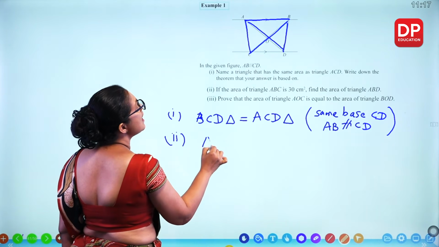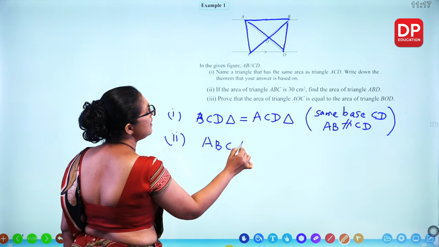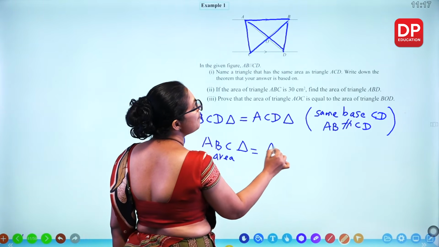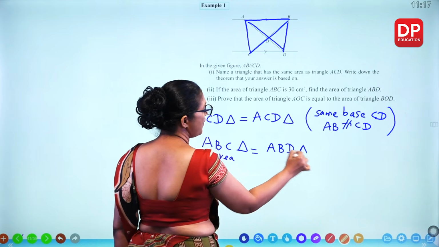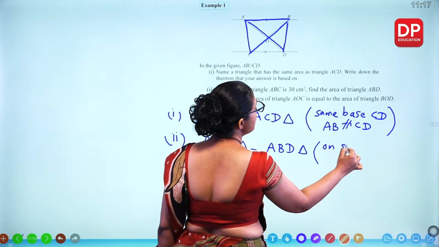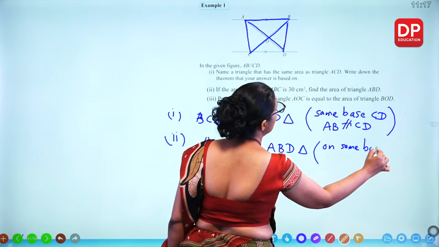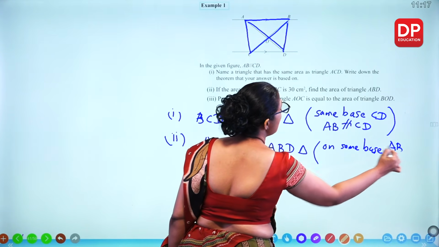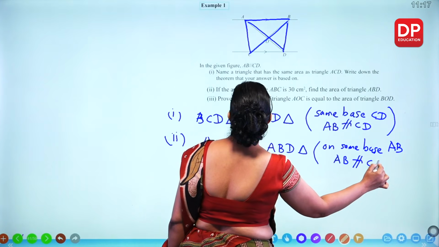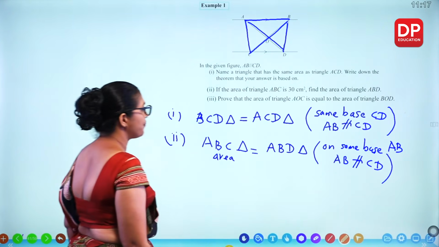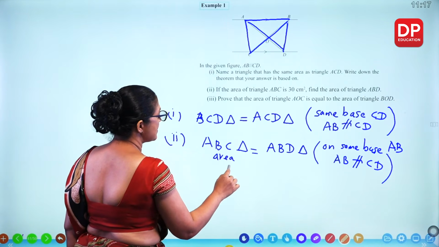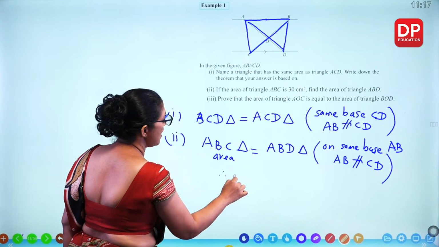We can say ABC triangle area is same as ABD triangle area because on same base AB and in between two parallel lines AB and CD. So these two are equal. So if ABC is 30, so what is ABD?